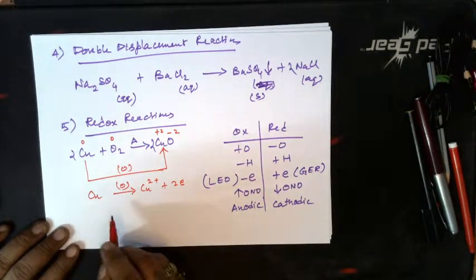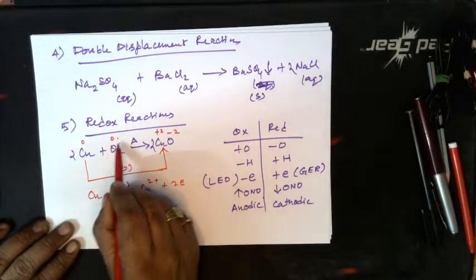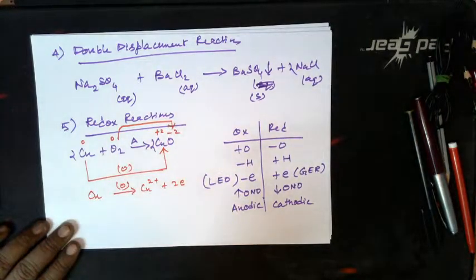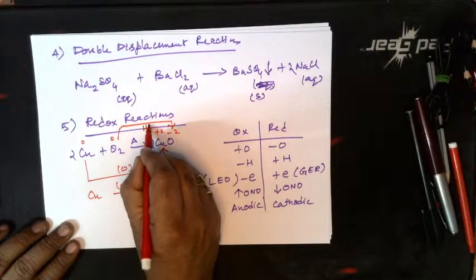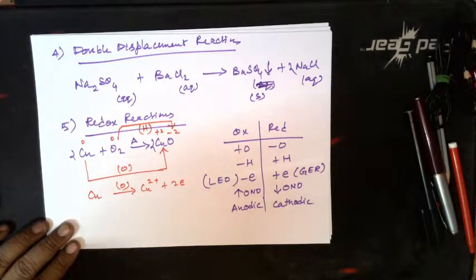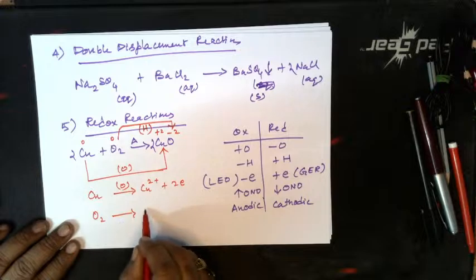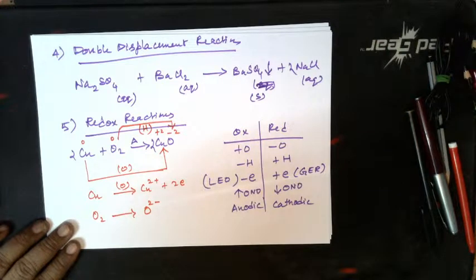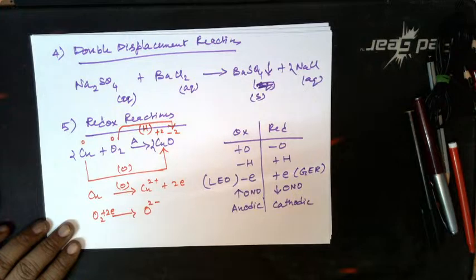Okay. And similarly, oxygen O with oxidation state 0, that becomes minus 2. Whether it is a loss of electron or gain of electron for oxygen? Very good. So it is a reduction. So you have O2, that becomes what? O2 minus. Do you understand this? So by adding 2 electrons, okay?